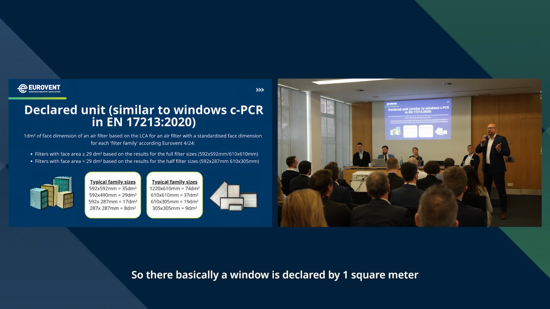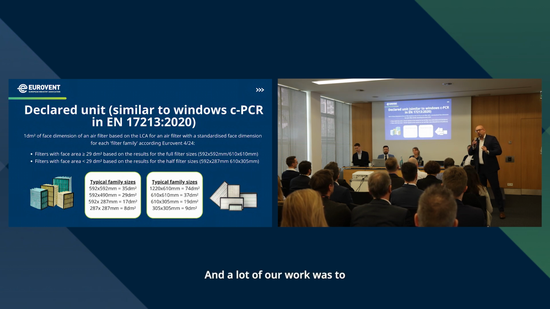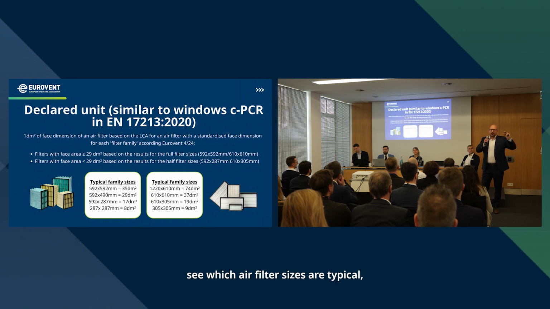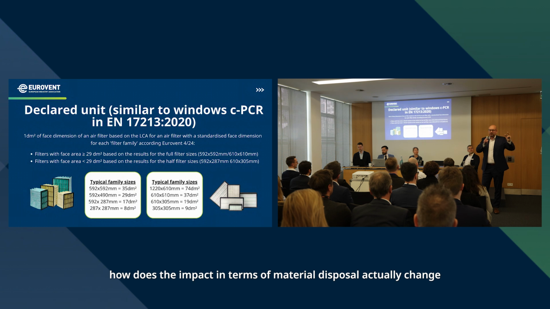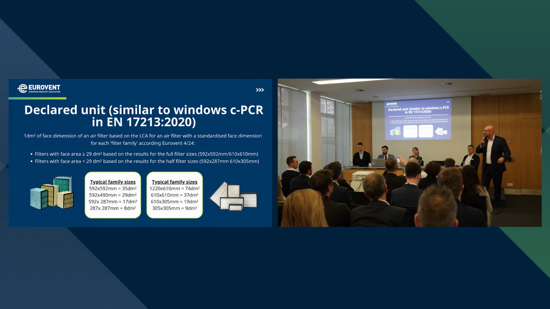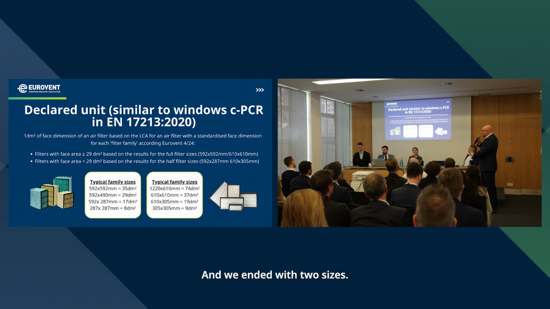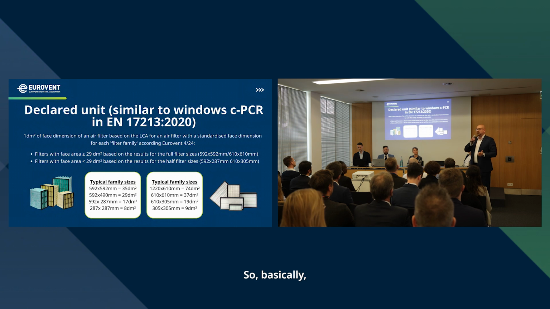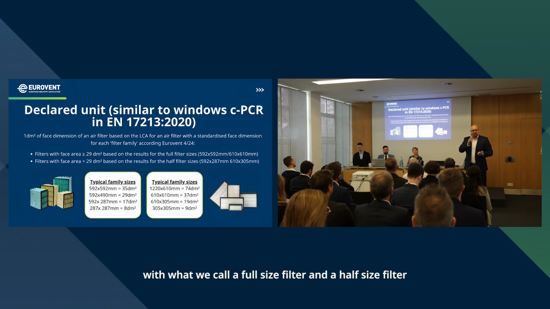So basically, a window is declared by 1 square meter, depending on a few standard sizes. And a lot of our work was to see which air filter sizes are typical, how does the impact in terms of material disposal actually change between the different sizes, and what size ranges are reasonable. And we ended with 2 sizes. So basically, with what we call a full-size filter and a half-size filter, you can cover the whole range.